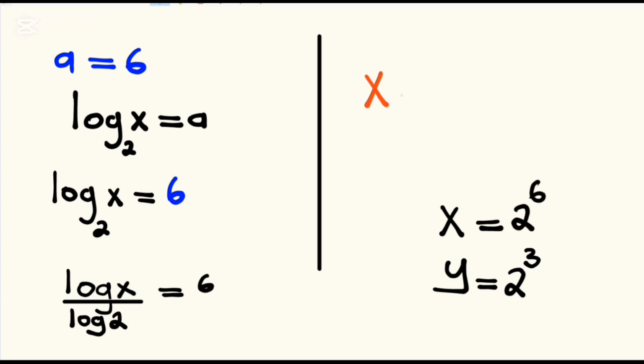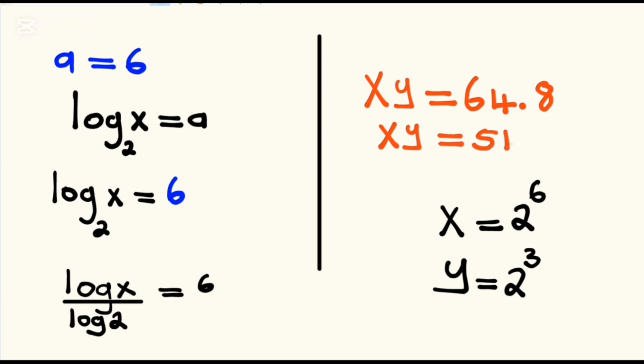So our x multiplied by y will be equal to 2 raised to the power 6, which is equal to 64, multiplied by 2 raised to the power 3, which is equal to 8. Our x multiplied by y will be equal to 64 multiplied by 8, which is equal to 512.